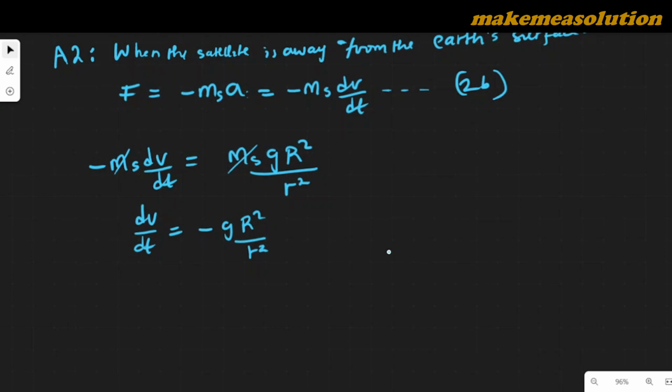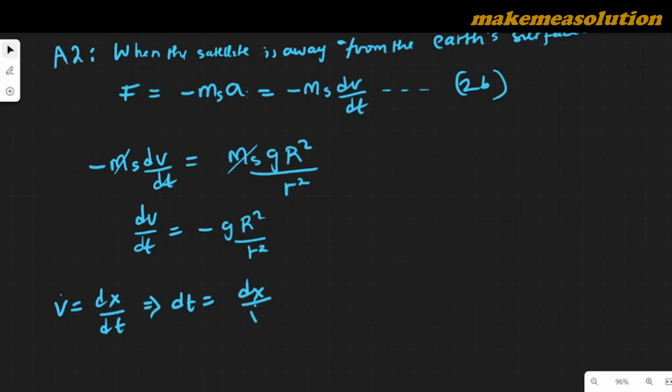I want you to remember something. Let's go back to the basics. Velocity itself is actually dx dt. Is that okay? So x means displacement, and the velocity is the rate of change of displacement. That means, if I make dt the subject of the formula, you're going to get dt is dx over v.